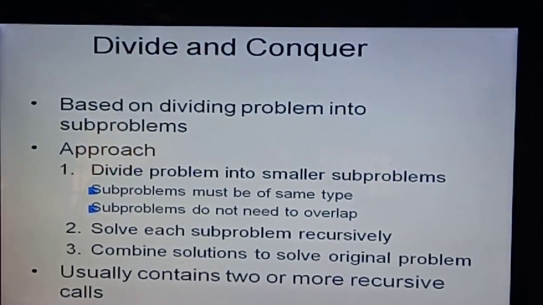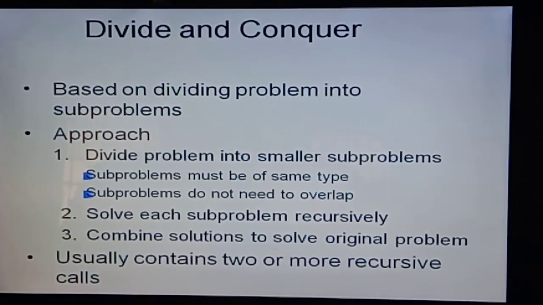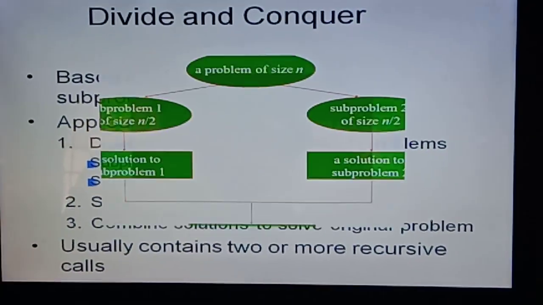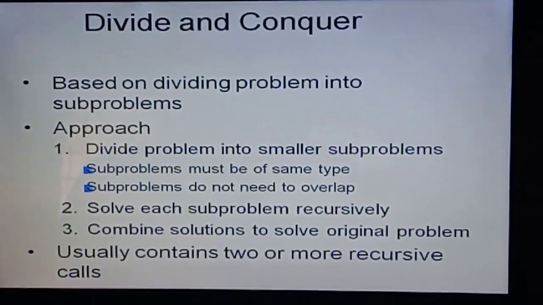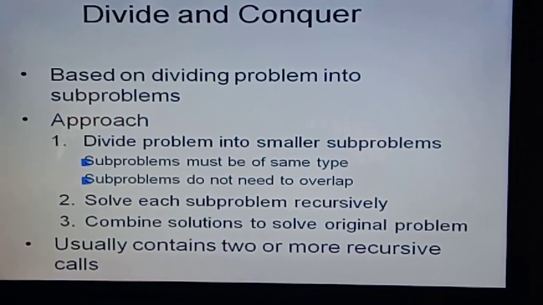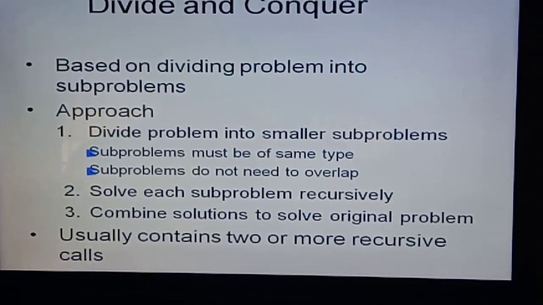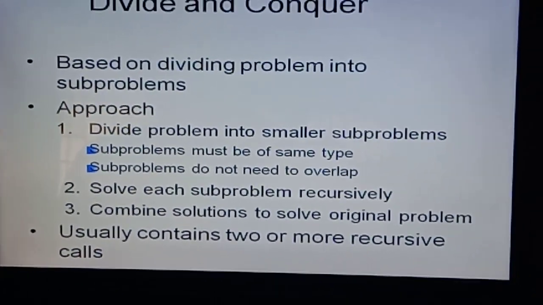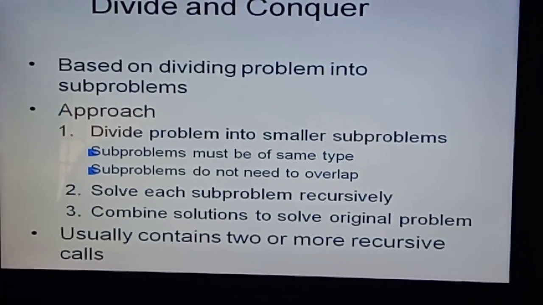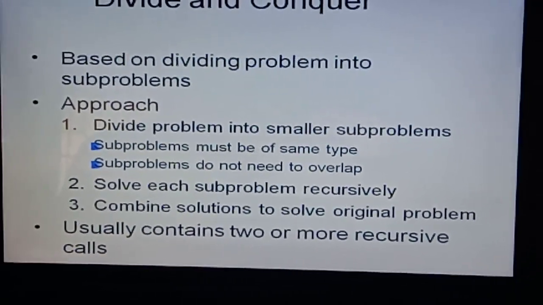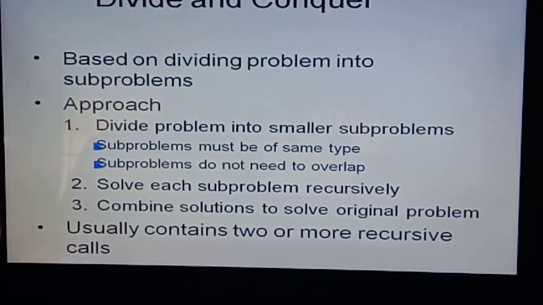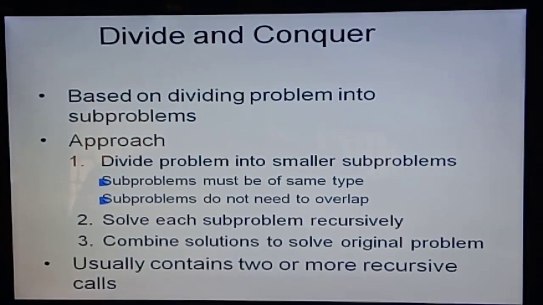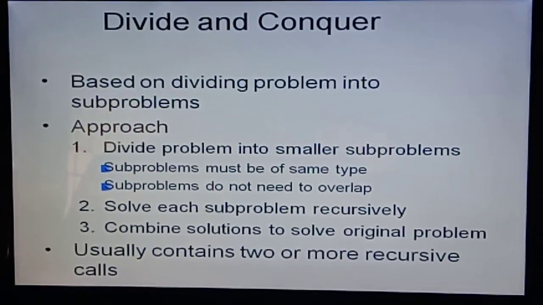Based on dividing the problem into subproblems, the approach is divide the problem into smaller subproblems. Subproblems must be of the same type. When we are dividing the problem into subproblems, all the subproblems should use the same approach for solving, and subproblems do not need to overlap.